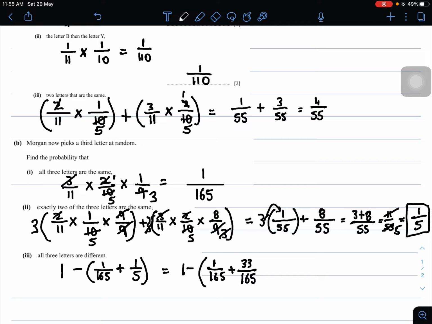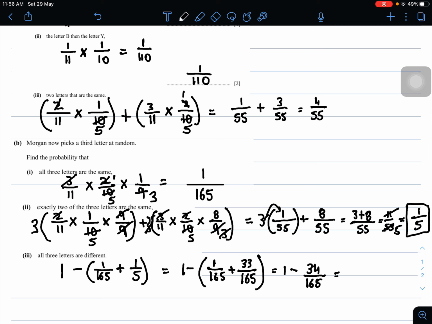So 1 by 5 is basically the lowest form, or the simplified form, of this fraction, that is 33 by 165. I have written it like this so that we can work out these two fractions in the brackets. So 1 minus, it would become 34 by 165.